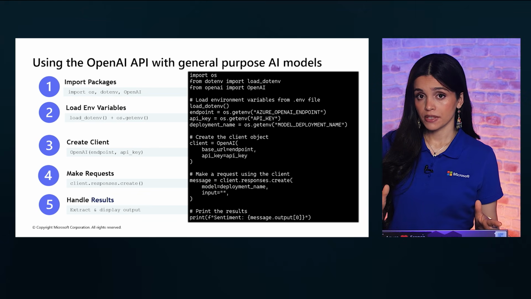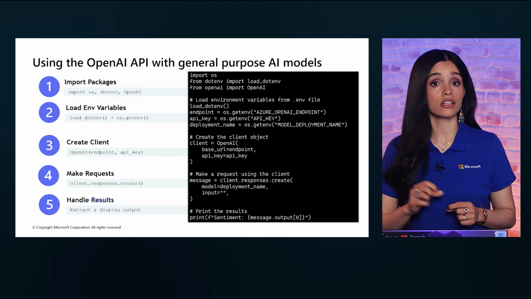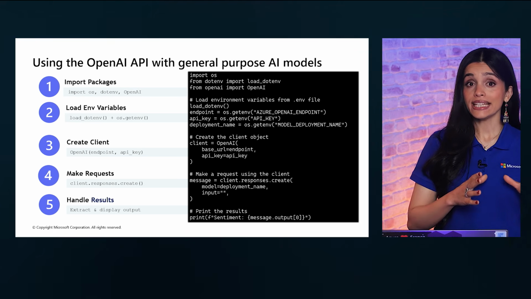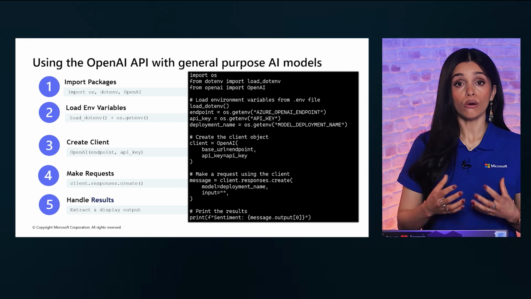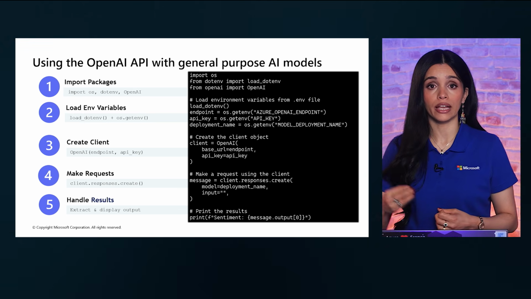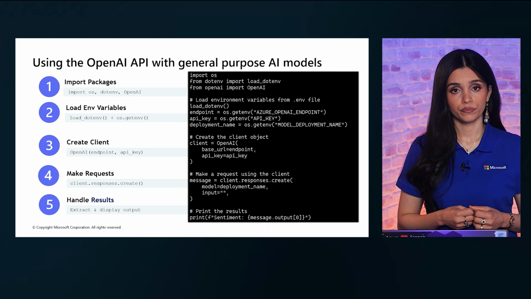After the response comes back, the application extracts and displays the results. This might be a summary, a sentiment explanation, or maybe another natural language insight that becomes part of the workflow.